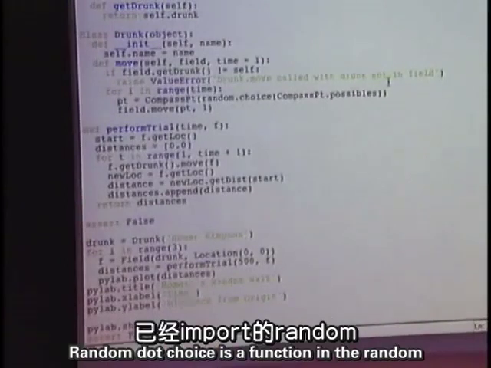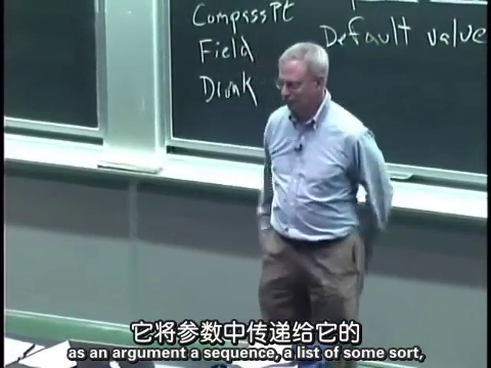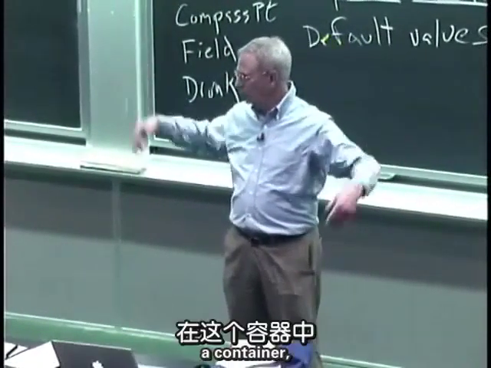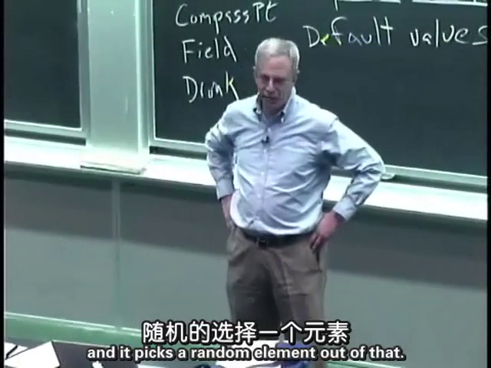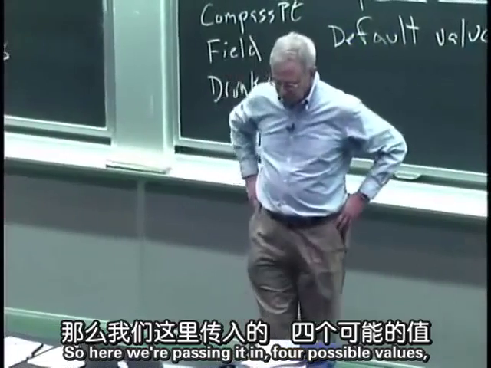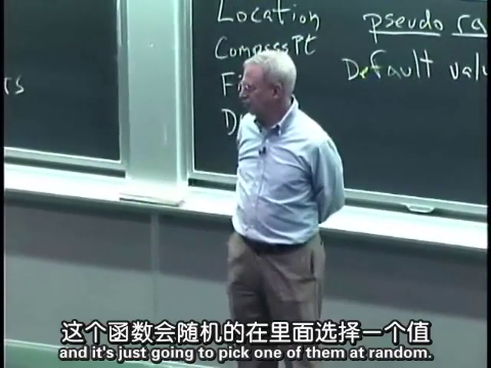Random.choice is a function in the random module which we've imported, and it takes as an argument a sequence, a list of some sort, a container, and it picks a random element out of that. So here we're passing it in 4 possible values, and it's just going to pick one of them at random.